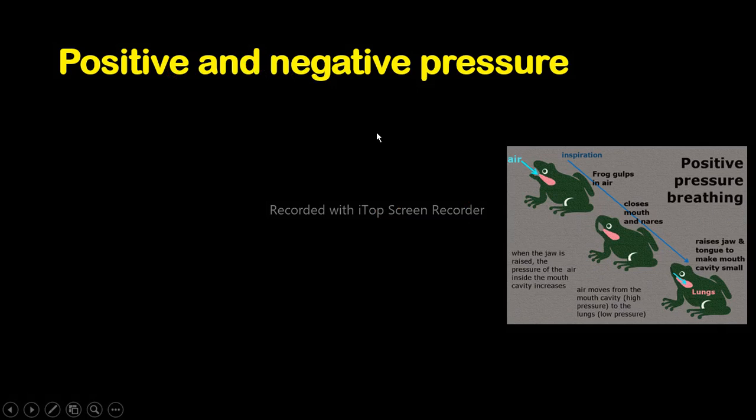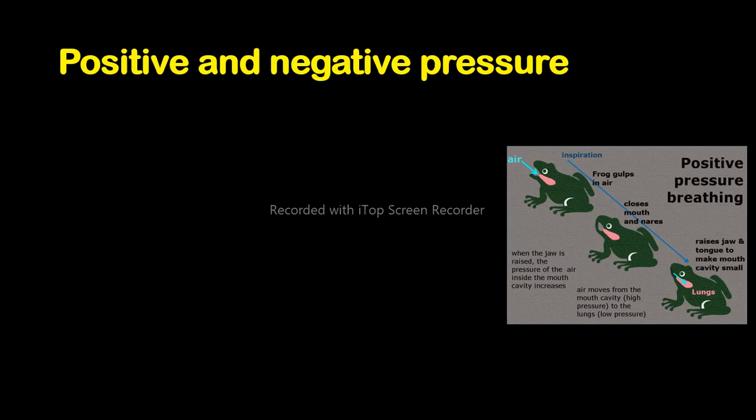For you to draw air from the atmosphere into your body, there must be pressure changes. Either pressure inside your body is high and pressure outside is low. And there are some organisms, by the way, that do it differently.